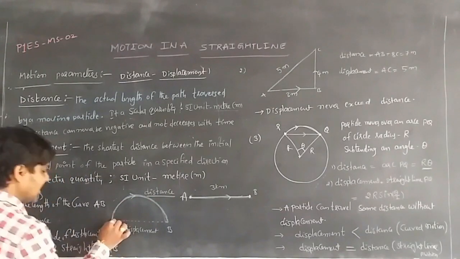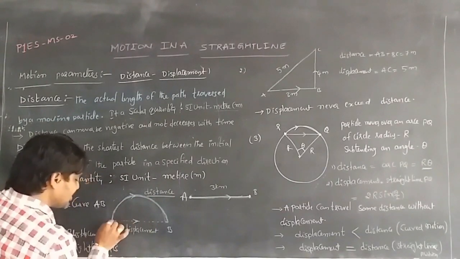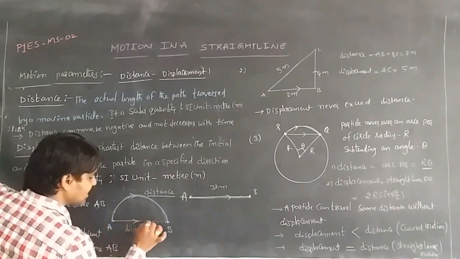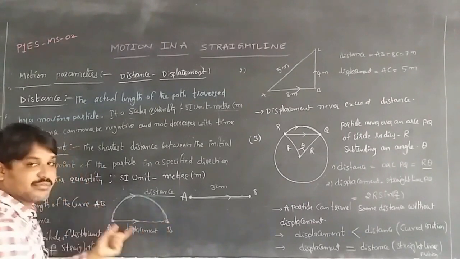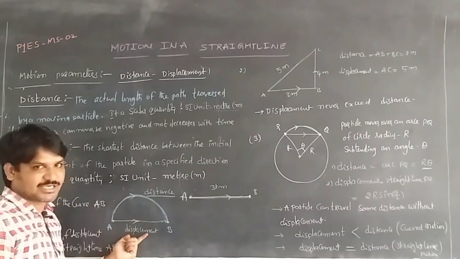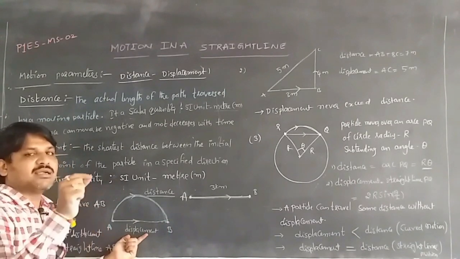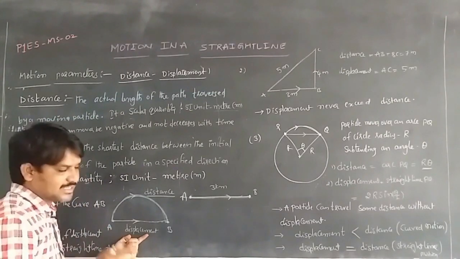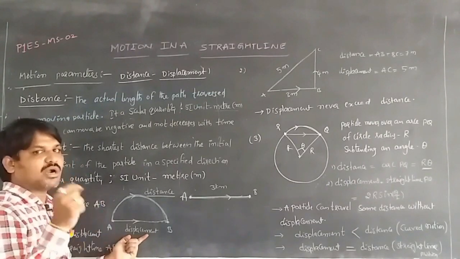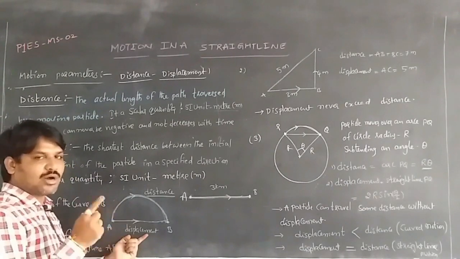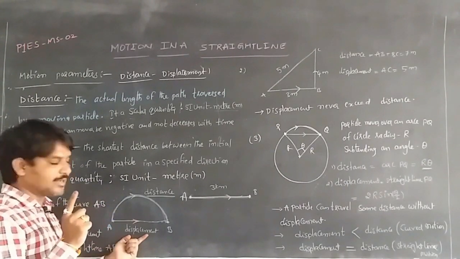The straight line from A to B, from the initial point to the final point, drawn in the specific direction, will be the displacement. Always the displacement will be less than the distance. It does not exceed the distance. It is always less than or equal to the distance only.